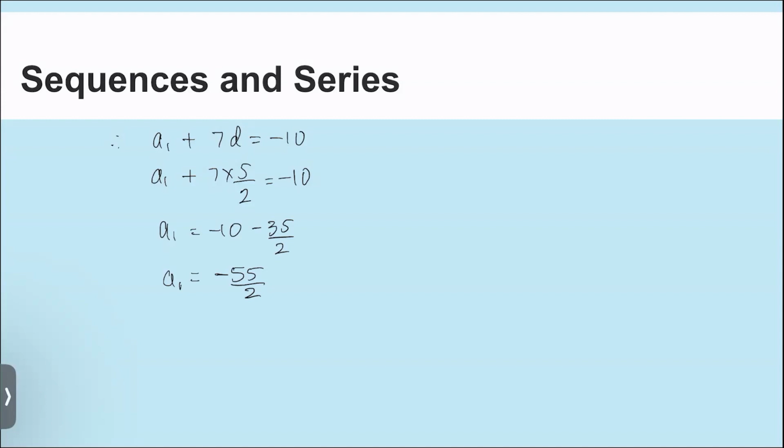So now we have to find our A10. Sorry, we have to find our A100. Okay, so A100 would be A1 plus (100 minus 1)D. So that is minus 55 by 2, our A1, plus 99 multiplied by 5 by 2.